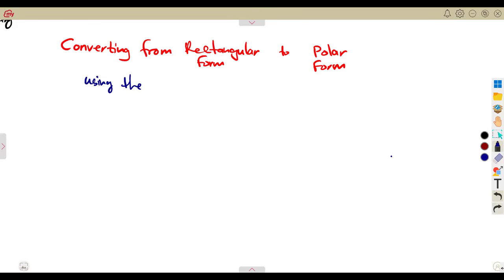So I want us to see how we can use the calculator to convert from rectangular to polar form.